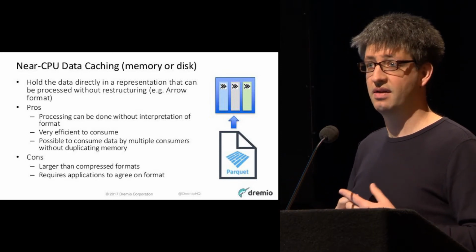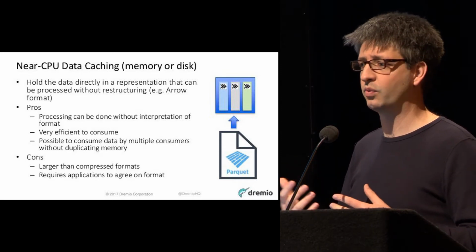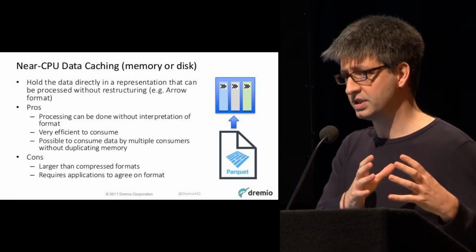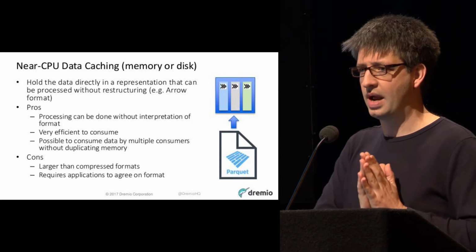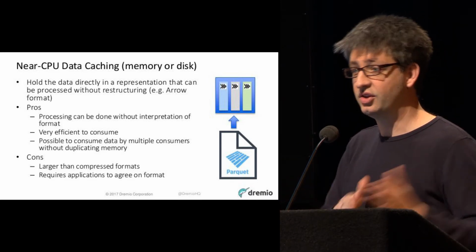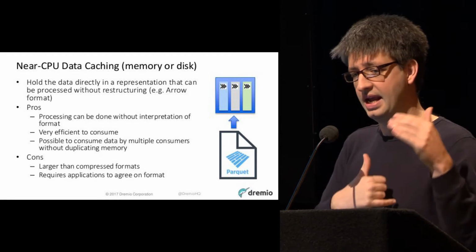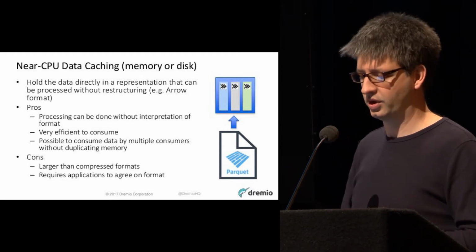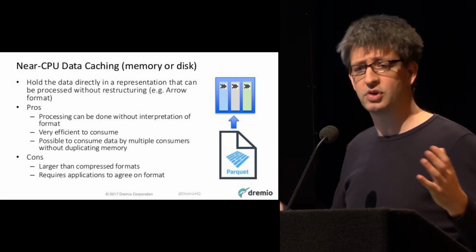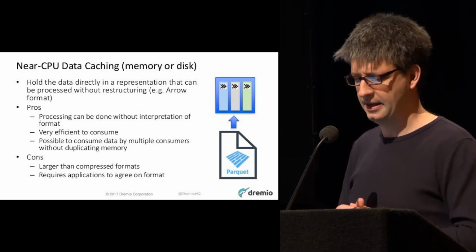And it also is very, very efficient for doing different work. So if I hold data in memory that's a near CPU data representation, then when I want to work on it, I just start working on it. There's no extra work to be done, so you get 10 gigs out of memory or whatever, and then you're immediately working on that as quickly as you can work on it with the CPU. And that's cool because then you can have multiple consumers potentially interact with that data.